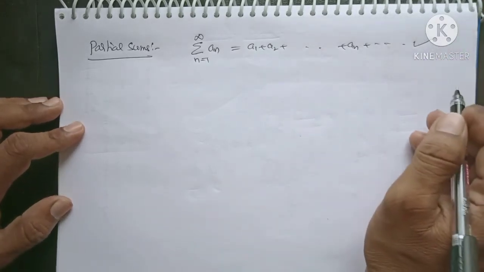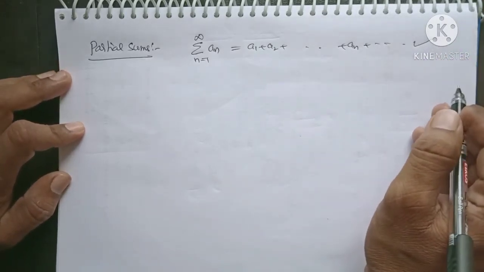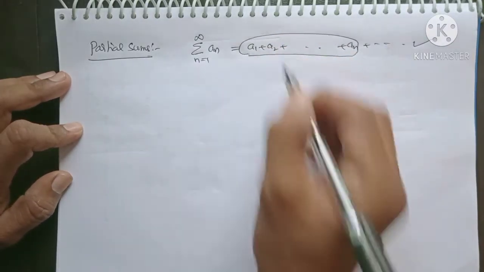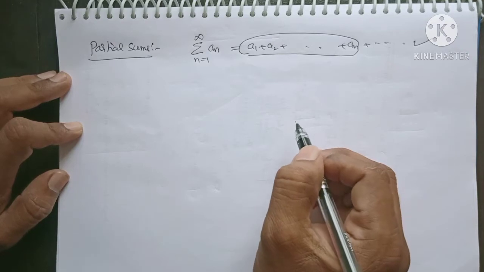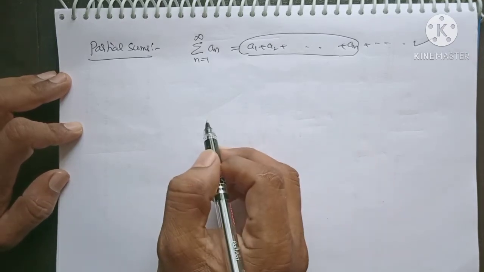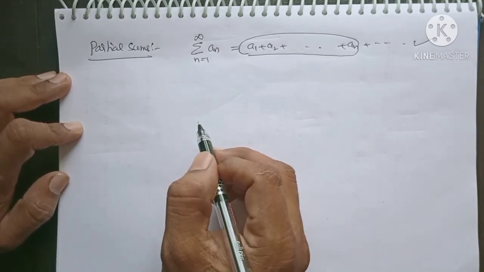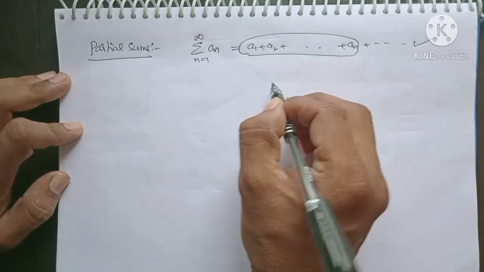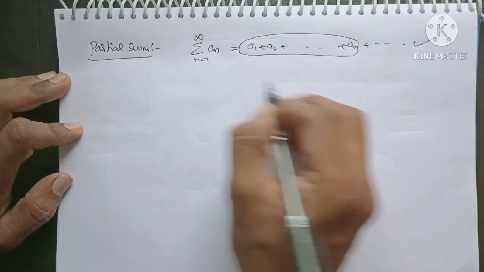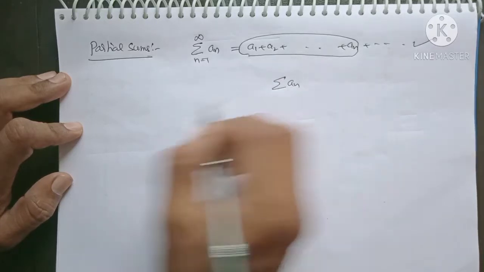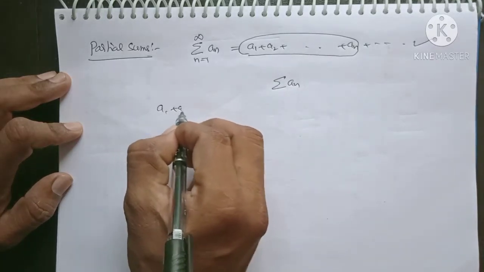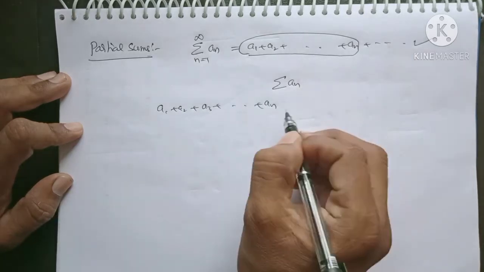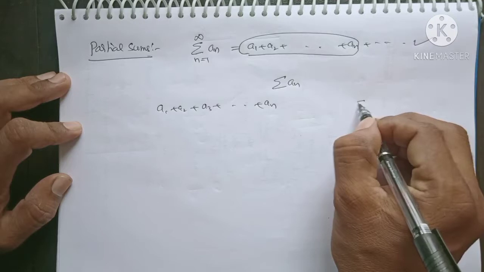Then the sum of first n terms is called the partial sum of the series sigma an. That means a1 plus a2 plus a3 plus and so on plus an is called a partial sum of the series sigma an.